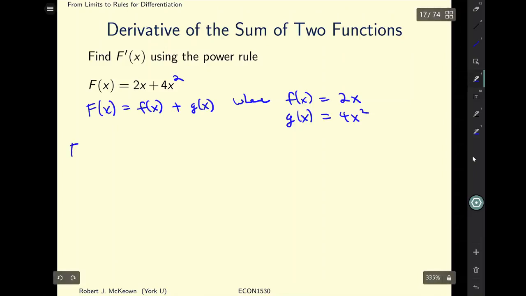And if I want to find the derivative, I can take the derivative of each term separately. So I get 2, according to the power rule, plus 2 times 4x to the power of 2 minus 1.